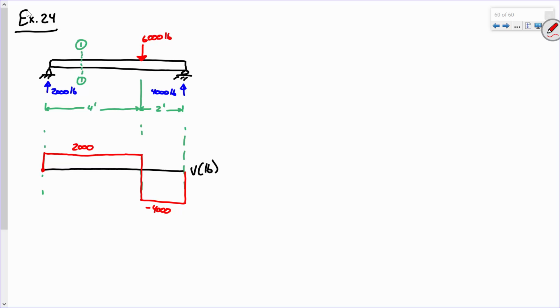Everybody good? Okay. Now, let me try and answer 2 questions. First off, what is the shear at section 1-1? 2,000 pounds. Now, as for V max, it's going to be 4,000. Now you think, wait a minute. Why isn't it negative? And why isn't the maximum 2,000, not the negative 4?